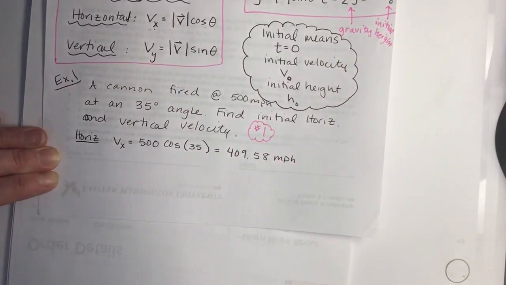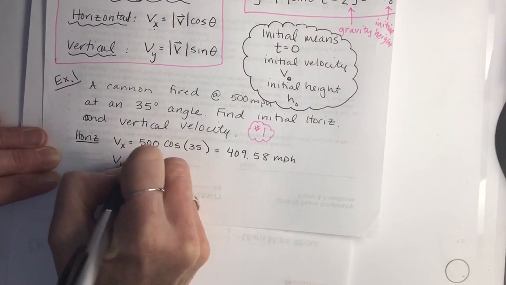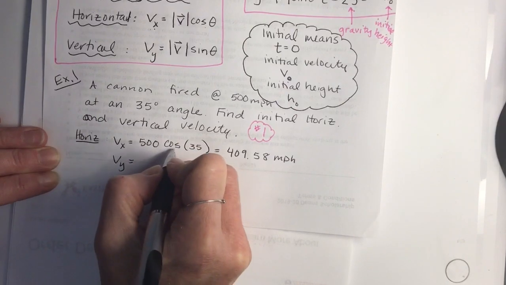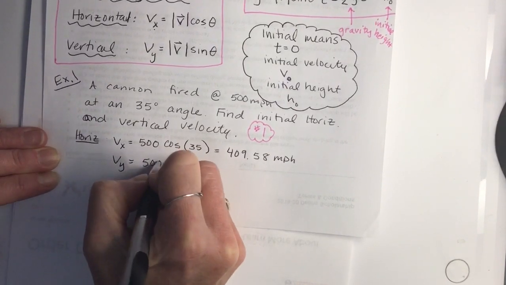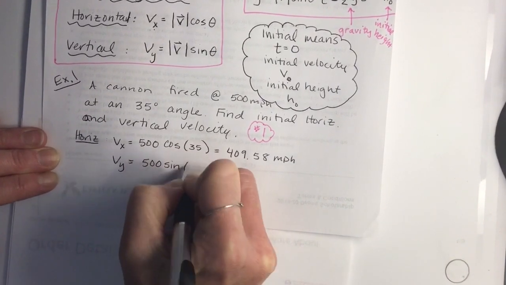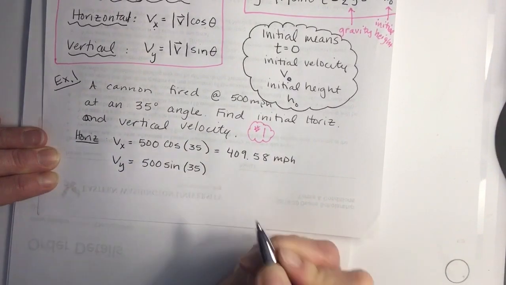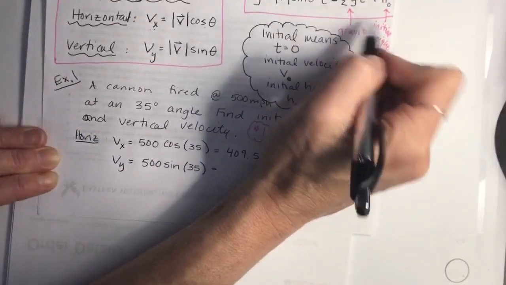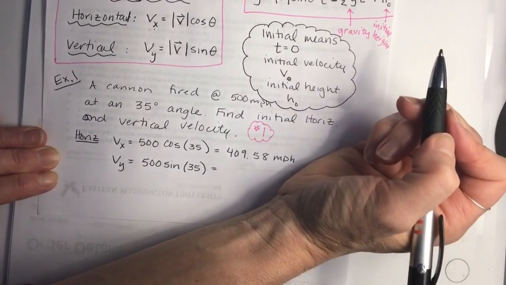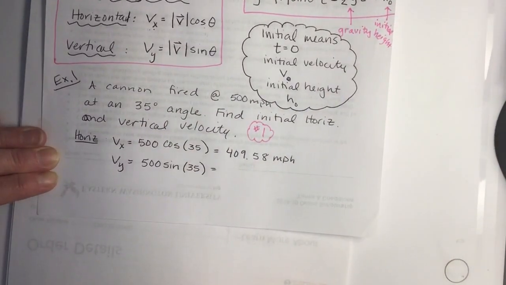miles per hour. Okay, and v sub y is same thing, but we're going to use sine of 35. Now, why didn't I use gravity and initial height? Well, they didn't tell us any initial height, so we're going to assume it's 0.